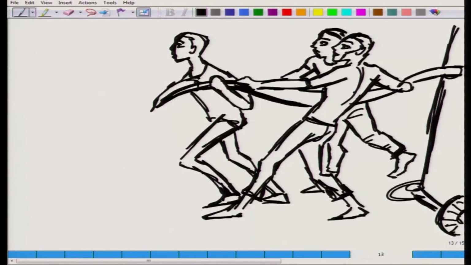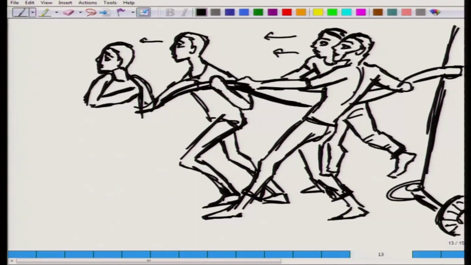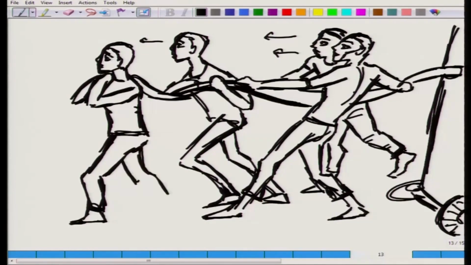So, all these characters so far they are looking at one direction, all of them, and we have another character maybe who is pulling the same rope. So, basically the whole composition is following one direction.